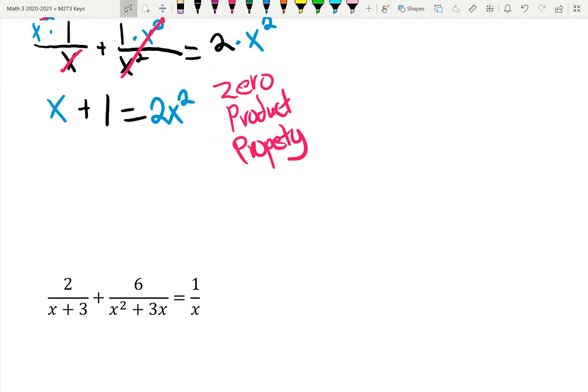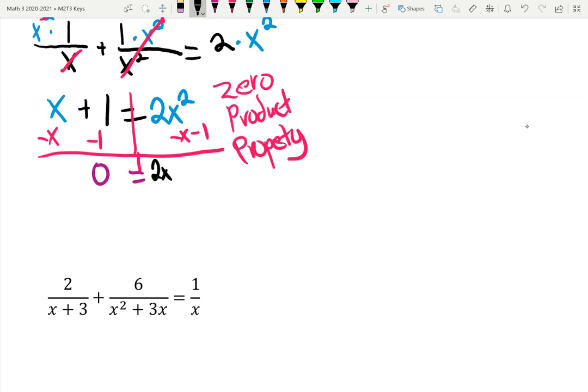I'm going to go ahead and subtract x and 1 from both sides. This is going to result in an equivalent equation where 0 is equal to 2x squared minus x minus 1. So I made it equal to 0.